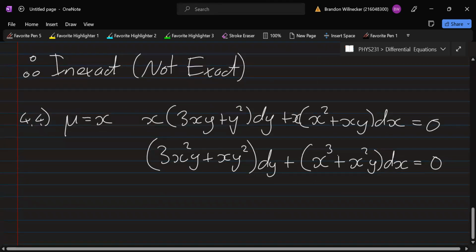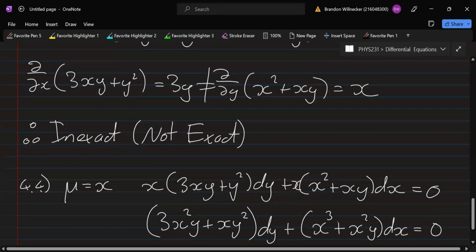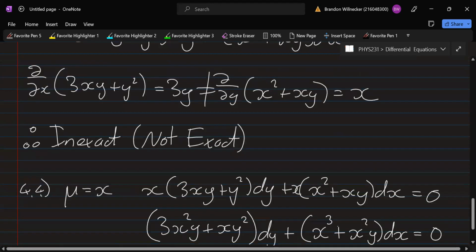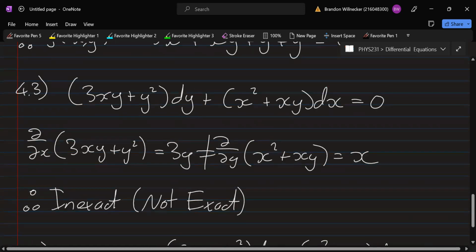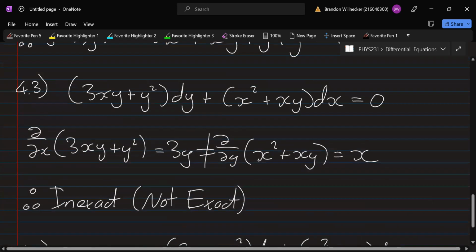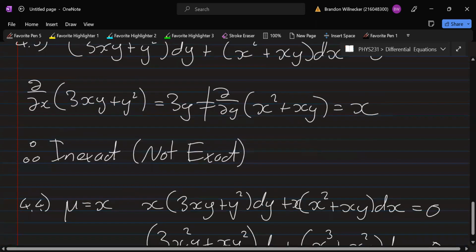Now we can take the... sorry, I think I made a mistake here. It's (3xy + y²) dy and (x² + xy) dx.